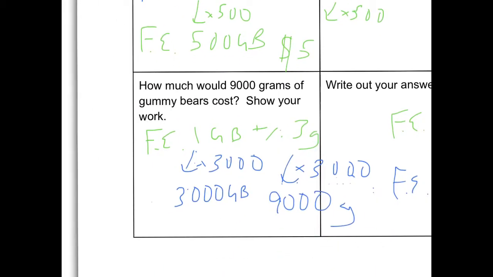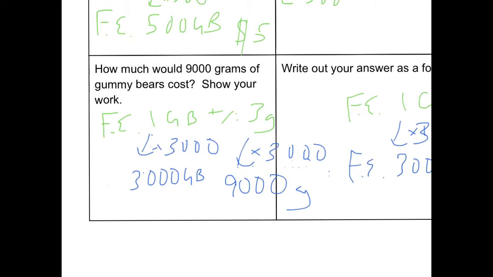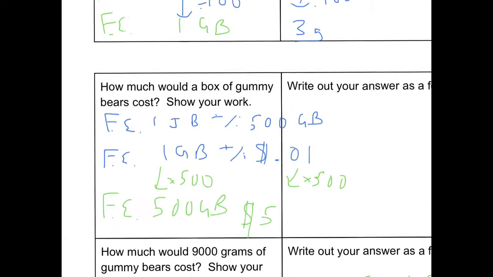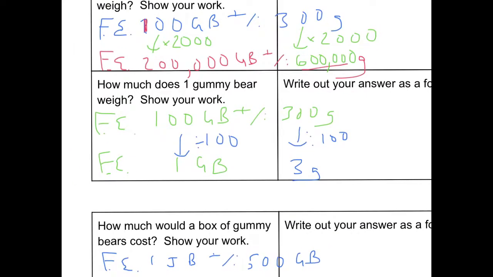And the second problem here says, how much would 9,000 grams of gummy bears cost? Well, I've got 9,000 grams right here, and I know that 1 gummy bear is 3 grams from back up here. Remember when we did this, one gummy bear was 3 grams.